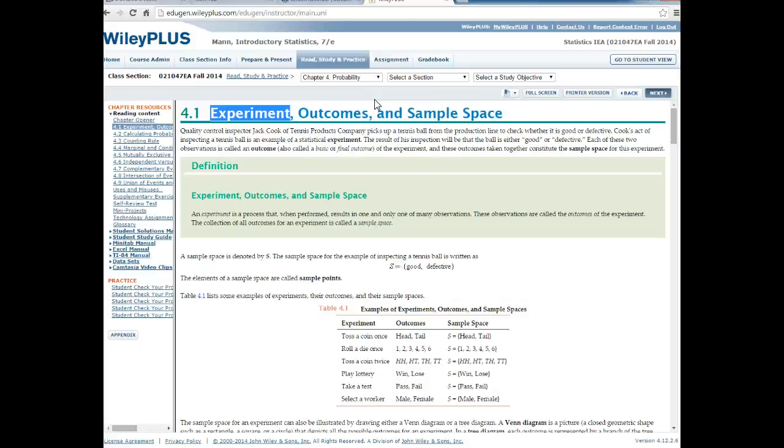So the sum would be what? 2. Or you could have a 1 on the first die and a 2 on the second die, so the sum would be what? 3. Or you could have a 6 and a 6, so the sum would be what? 12, and so on. So the sum can be various values, right? So now I'm asking, what's the chances that the sum is equal to 5?